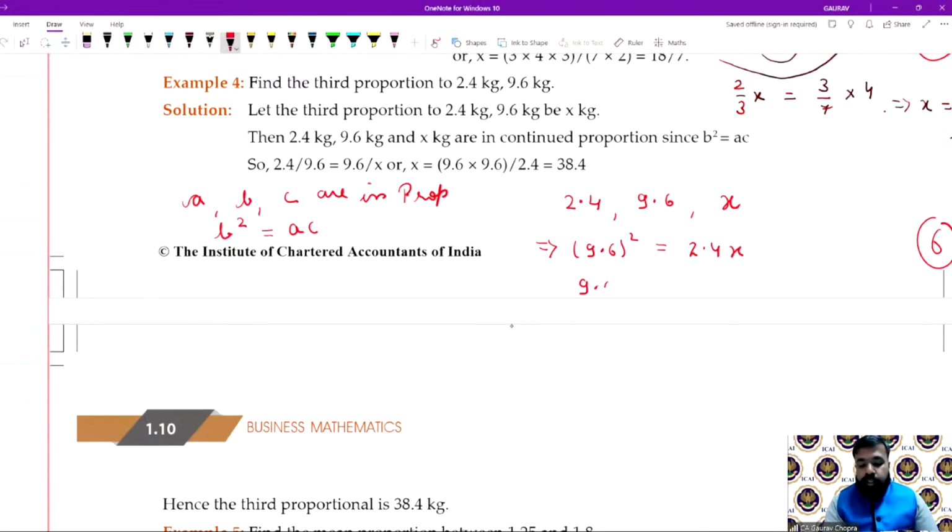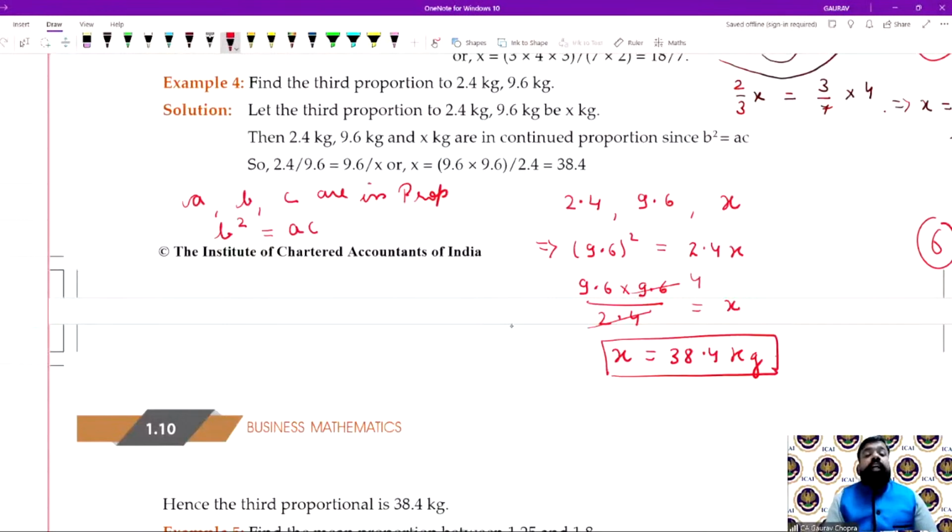So what we are getting is 9.6 into 9.6 upon 2.4. On solving this, we can get the result. So we have cancelled with 2.4 and now 9.6 multiplied by 4. So x equals 38.4 and the unit is kilograms. So in this way, we can calculate the value of the third proportional. Okay.